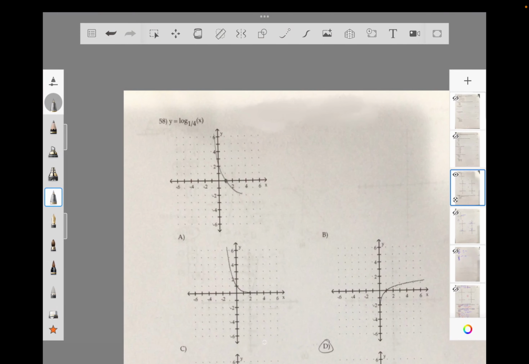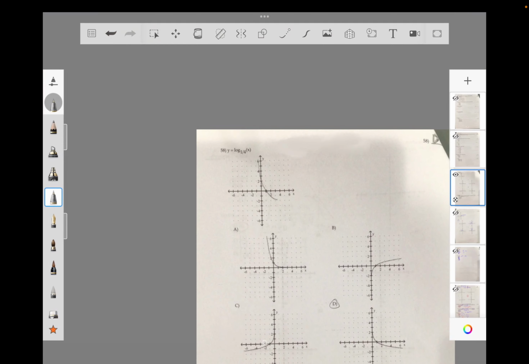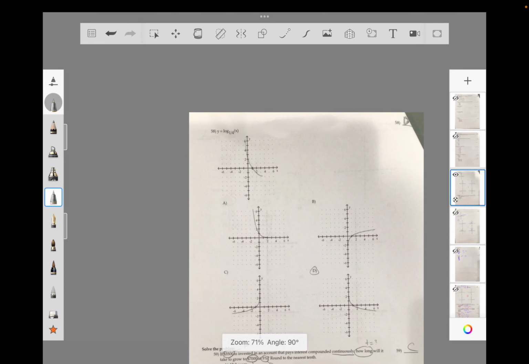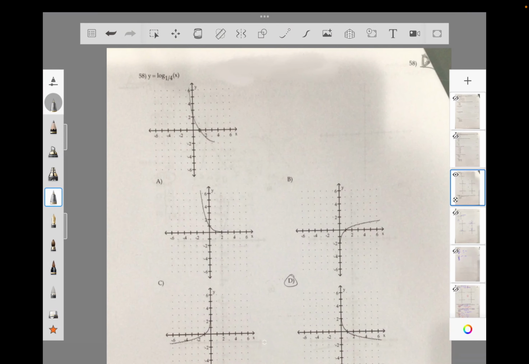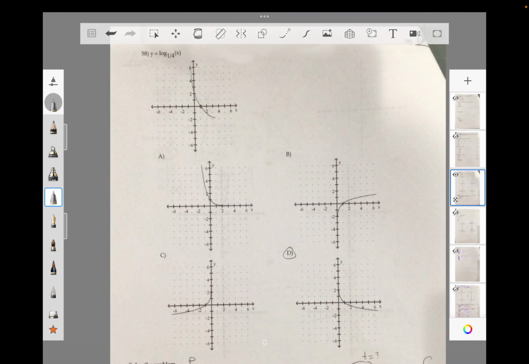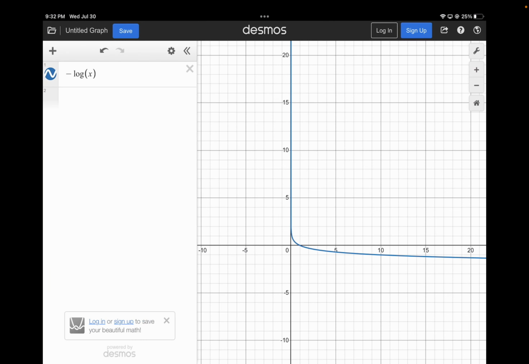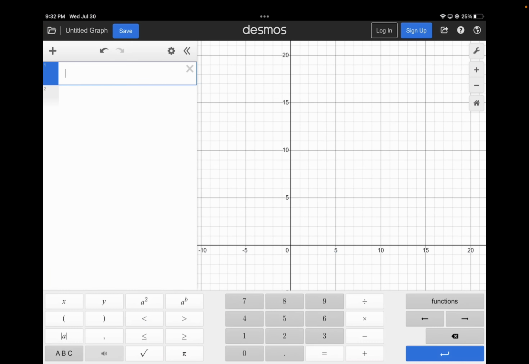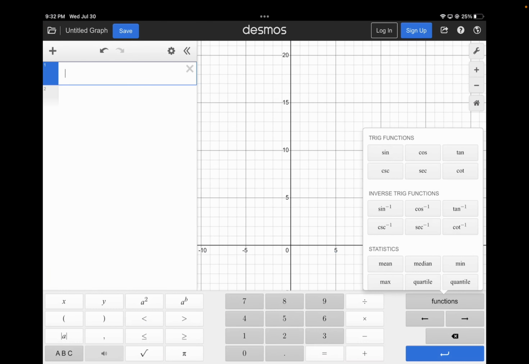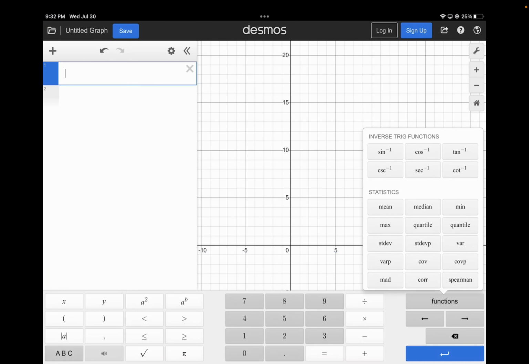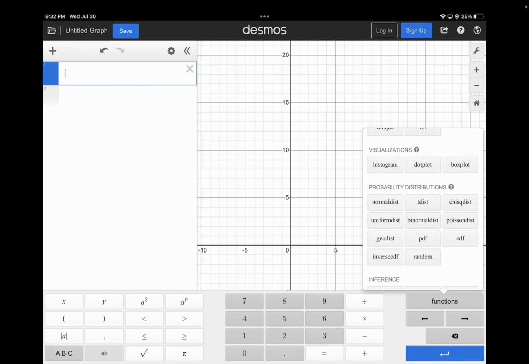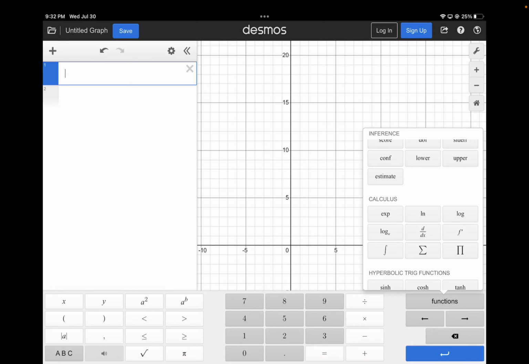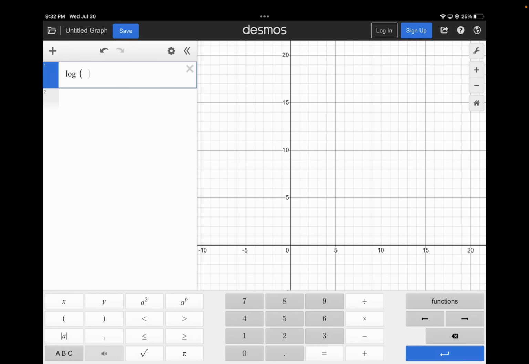Log base 1/4 of x. This one says D. It has something to do with the base that I don't particularly recall. I said 1/4, right? I could write 0.25, it doesn't matter.